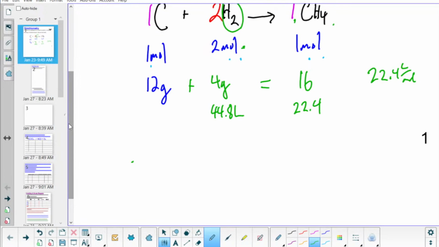And these ratios now work for everything. I probably can't handle 44.8 liters. That's quite a large number of milk jugs, which are 4 liters each. But I probably could handle 4 liters. So that's probably a reaction I can do.